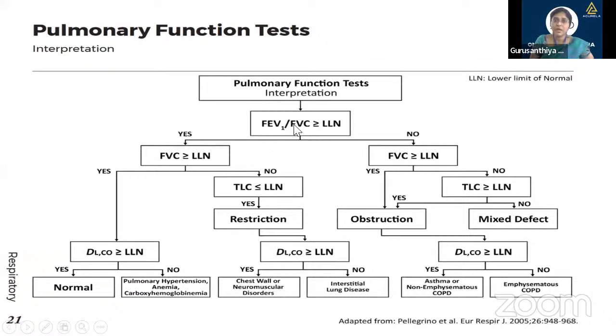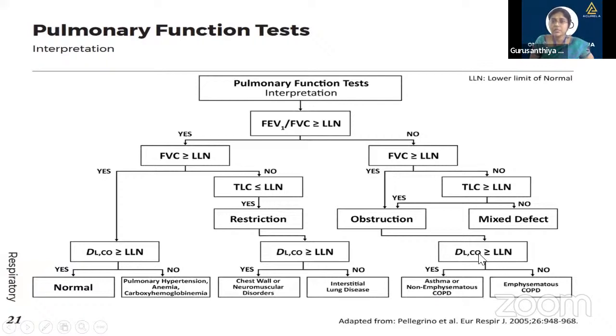Then if FEV1 by FVC is less than predicted, you see the FVC. If the FVC is normal, so FEV1 by FVC is less and FVC is normal, then it means an obstructive pattern. In any obstructive pattern, you see DLCO. If the diffusion capacity is normal, it means it's asthma or a non-emphysematous one.